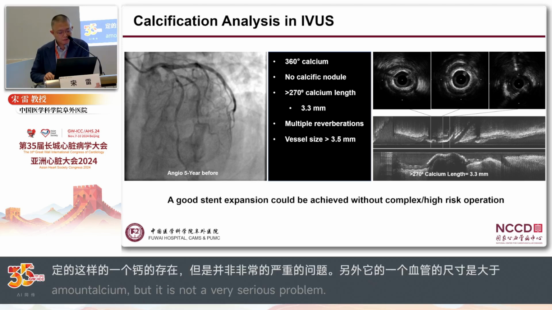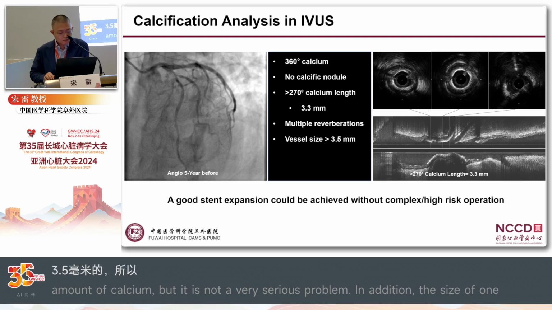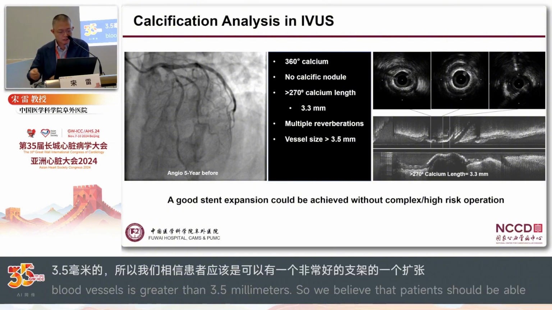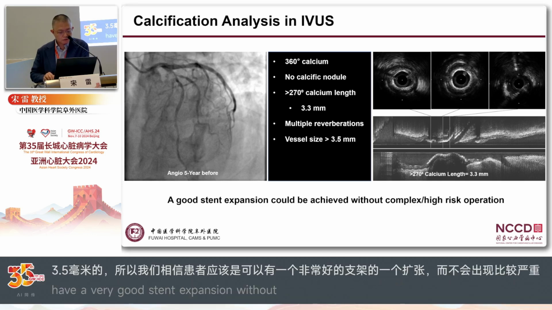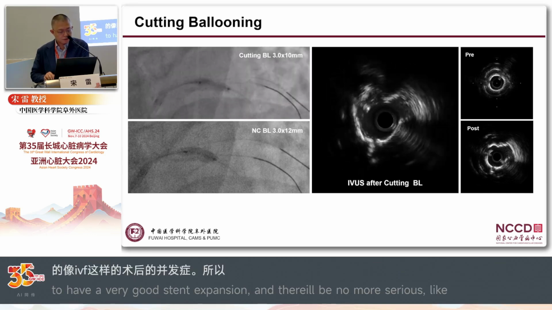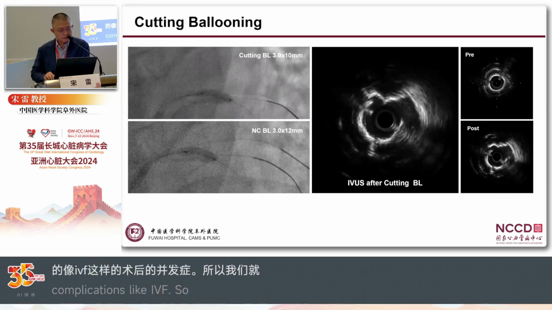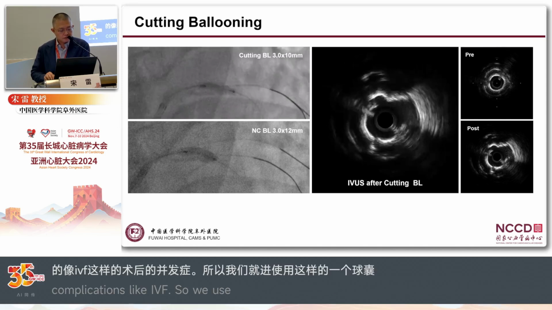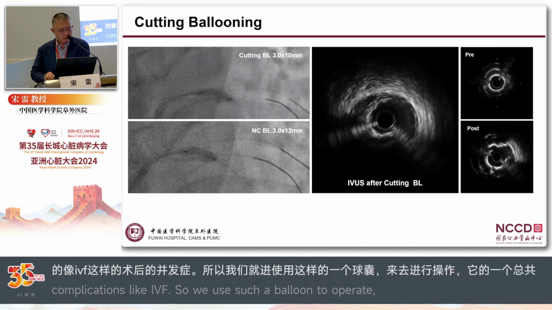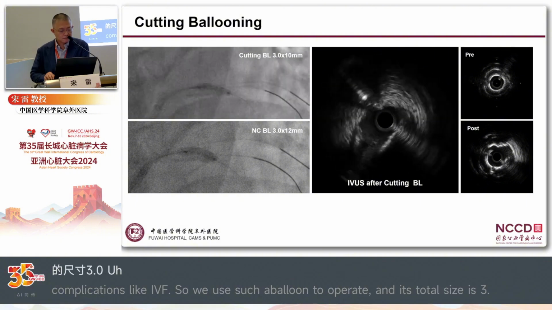We believe this could have a good stent expansion without some more aggressive procedure like ROTA and IVL. So we just used a cutting balloon, 3.0 by 10 millimeters, at 12 to 16 atmospheres, and we believe the lesion is fully expanded.